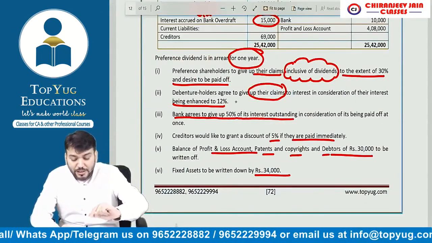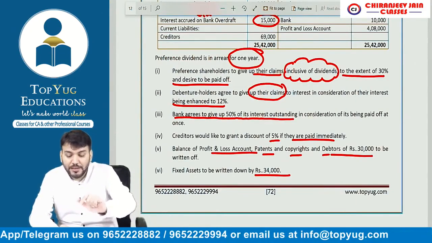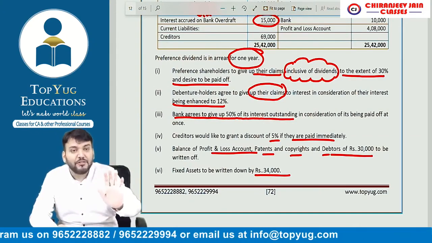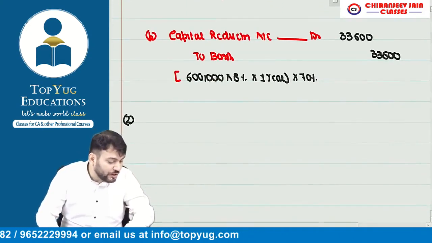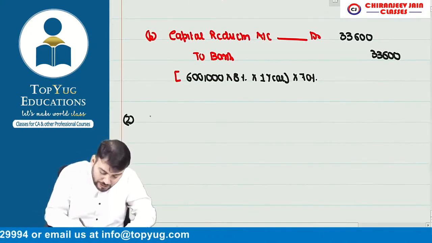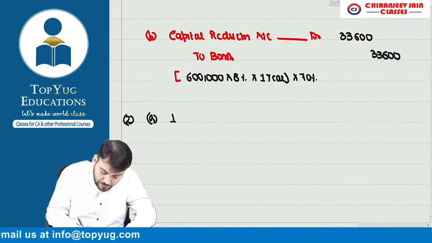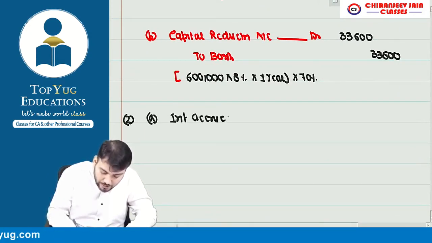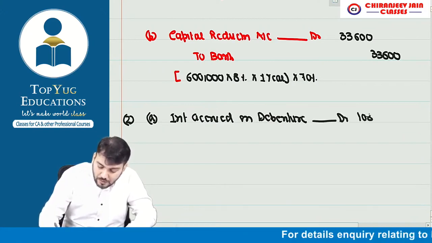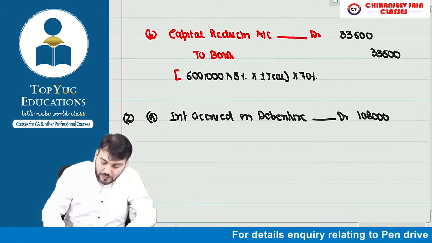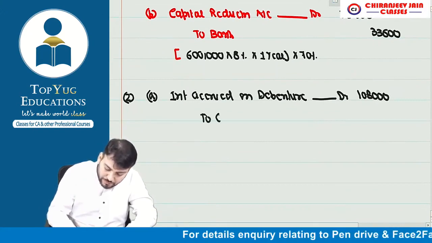Debenture holders agree to give up their claim to interest in consideration of their interest being raised to 12%. Okay, so tell me, interest accrued on debenture, how much? 1,08,000. So what journal entry? Point number A, interest accrued on debenture account debit 1,08,000 to what?